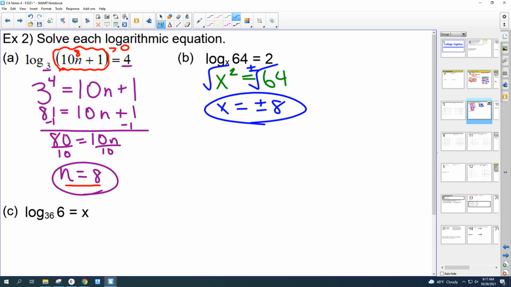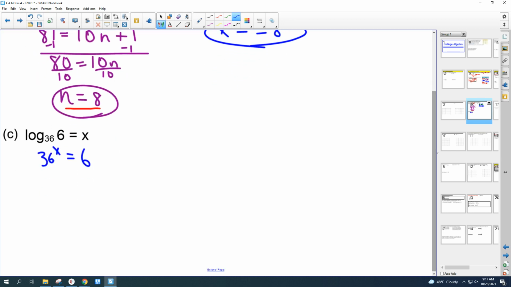Part C, I've got a base 36. I've got an exponent x. Remember, the logarithm equals the exponent, right? And so I change it to an exponential just because it makes more sense to my brain. It's kind of hard to deal with logarithms sometimes. But 36 to the x equals 6, and this looks like an equation you should have been able to solve in the last lesson.